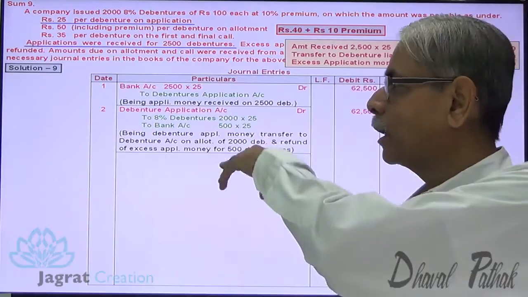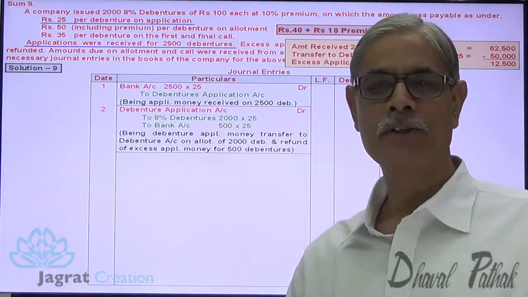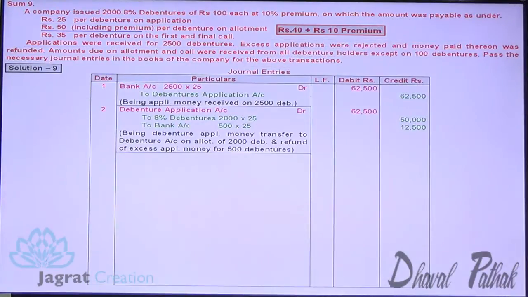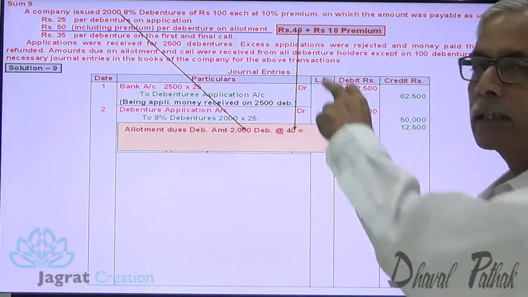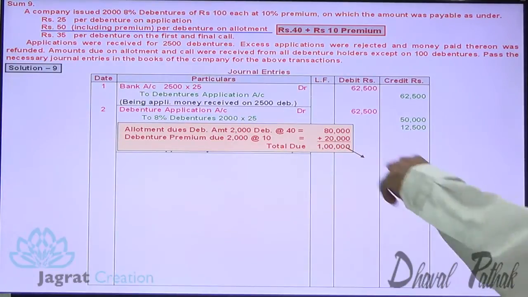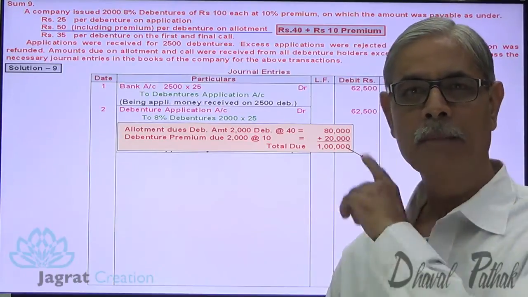Now, debentures are allotted. So, allotment due is 50, which includes premium rupees 10. So, on 2,000 debentures, 40 is the face value, and 2,000 into 10 is the premium recoverable. So, total amount demanded at the time of allotment, with premium, is 1 lakh.